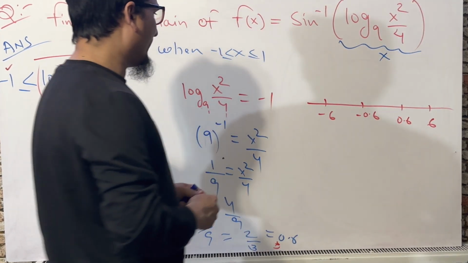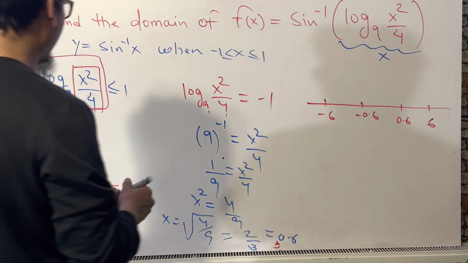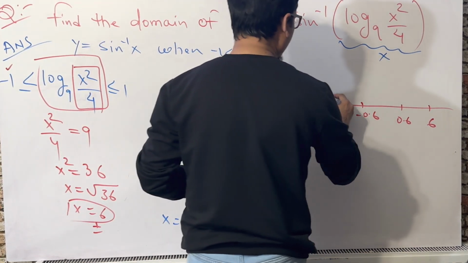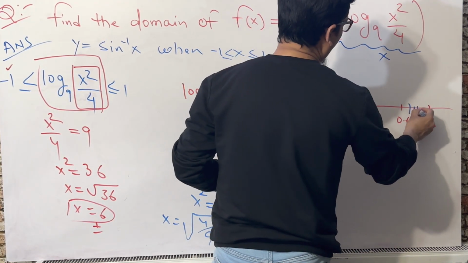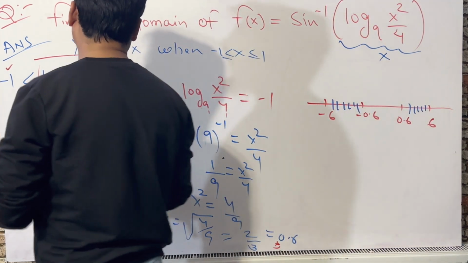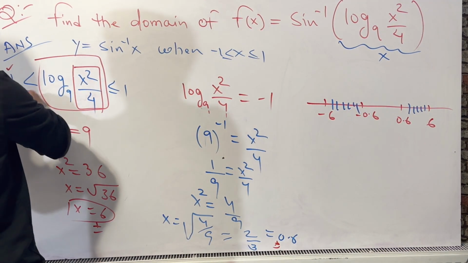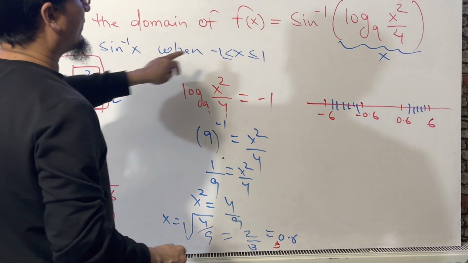So if we are between these portions, then this value is from minus 1 to 1, and then this function exists.